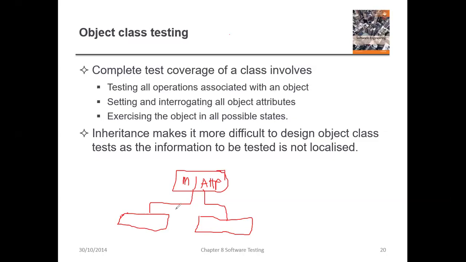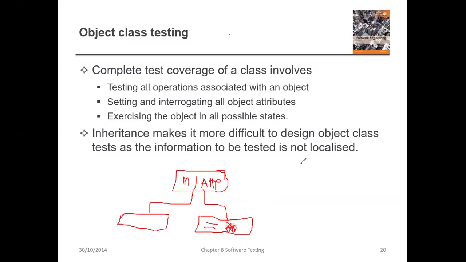Okay. So we're saying that assuming you want to test this subclass, you need to test the methods and then the attributes in this subclass. However, we know that because of inheritance, some of the methods and attributes are not localized in this subclass. They are rather placed in the superclass for them to inherit.